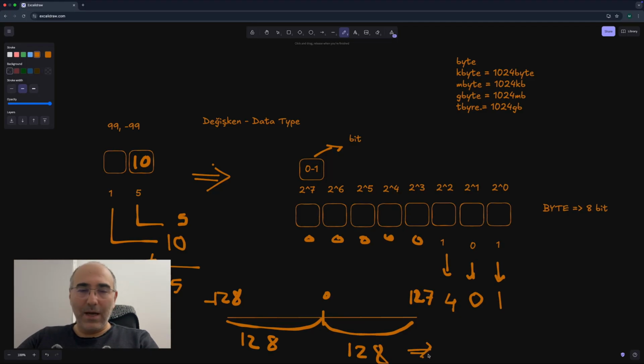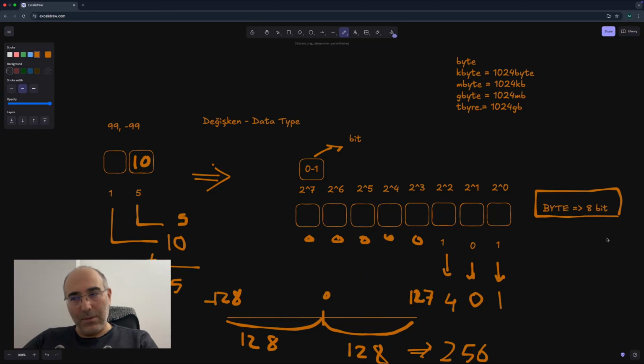So, how many values are there in total? There are 2 to the power of 8, 256 numbers, boxes, values. So, what does 8 bits correspond to, guys? To 8 boxes. Now, try calculating this and see what you get. Say 2 to the power of and calculate it.